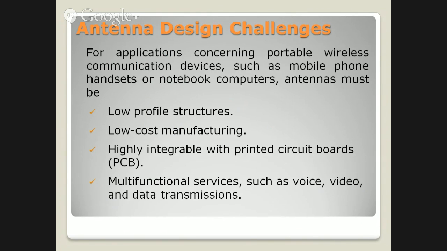So today more designs use microstrip antennas. This is a low profile structure, low cost to manufacture, highly integrated with the PCB, and supports multi-functional services such as voice, video and data communication, like games, with so many applications built in.